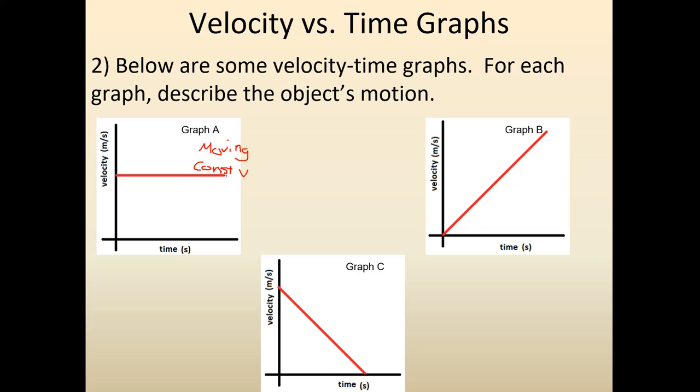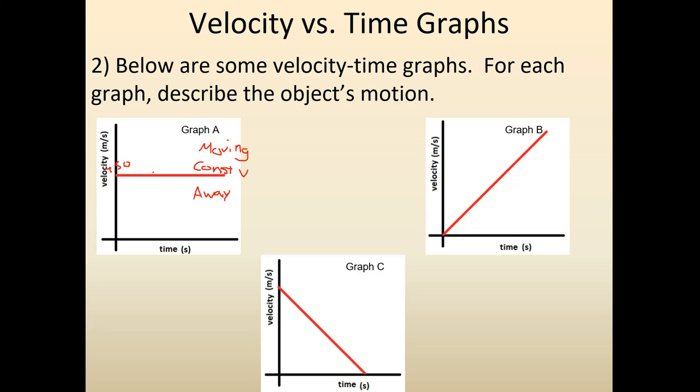And I could also say it's moving away. I know this because it's a positive value. So if I gave this a number, this would probably be positive 50, let's say. So that positive tells me it's away. The fact that it has no slope means that it's constant. And the fact that it actually has a velocity to begin with means it's moving.